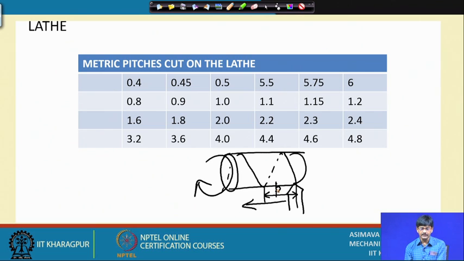And on the lathe you might find that there is a chart given in which they claim that if you want to cut this pitch, you set the gears in a particular manner. If you want to cut another pitch, you set the gears in another manner, etc. So, we will have a quick look at how this works.